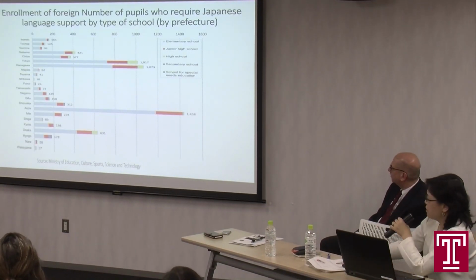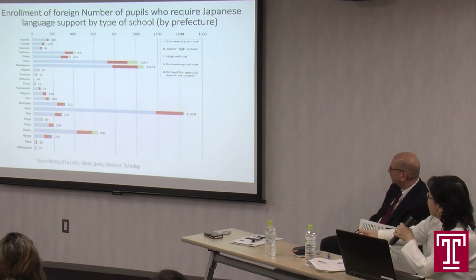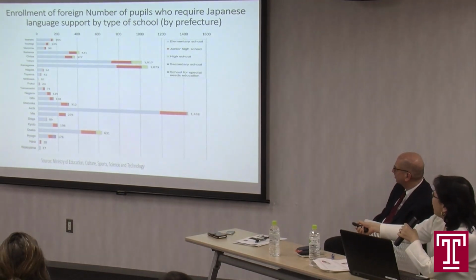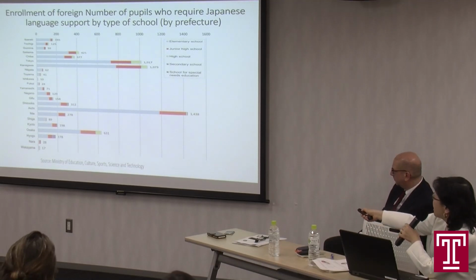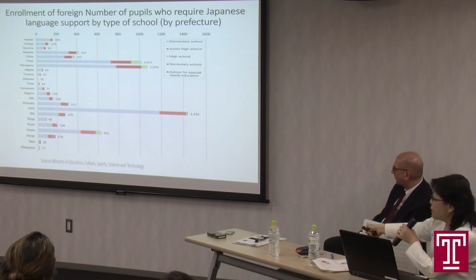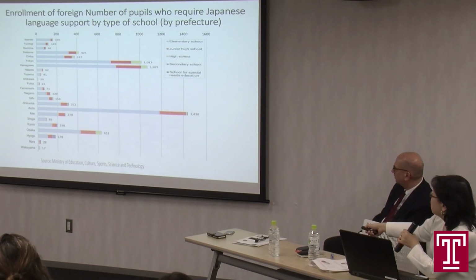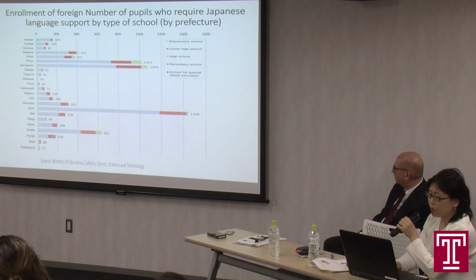And also from this graph, you see that Aichi prefecture has the largest number of students who require Japanese language support in elementary school, junior high, but also in high schools. So we have these large numbers of foreign background immigrant children in Aichi and Osaka and Kanagawa, Tokyo, but also in Shizuoka and Mie as well. And Gunma, of course, yes.